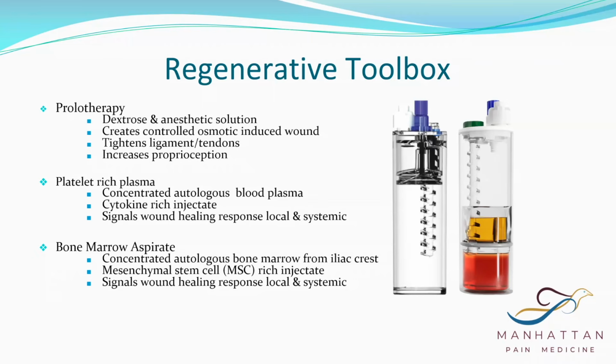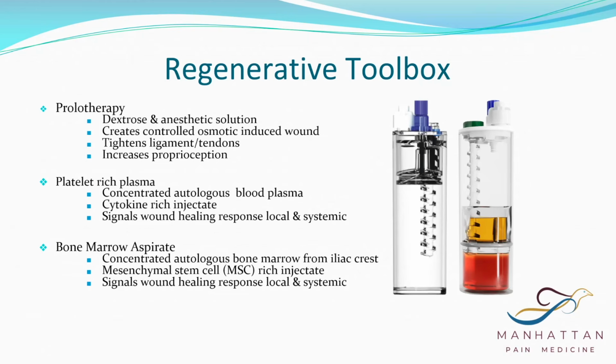And when there is tightening of the ligaments, that helps increase the proprioception within that joint. So it helps the patient move better, know where they are in space, and be able to do better physical and occupational therapy, as well as prevent injuries due to the ability of moving better.